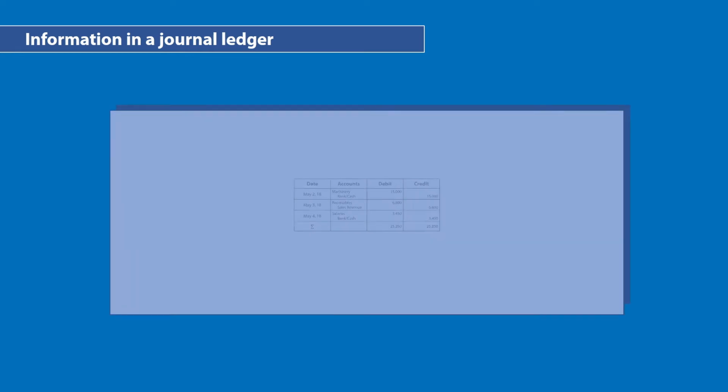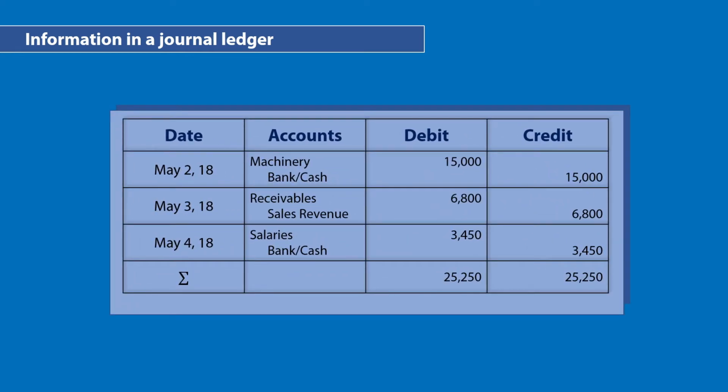In such a journal ledger, each transaction is recorded sequentially by date. It is recorded in a short, standardized form, so that anybody with some knowledge in accounting understands it and can work with it if necessary.